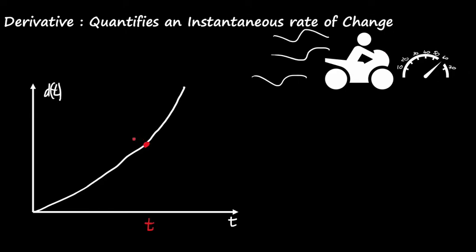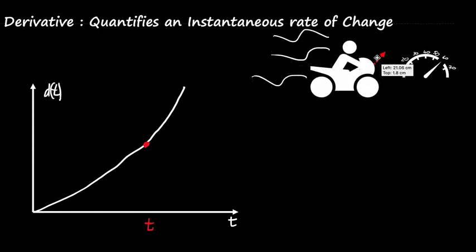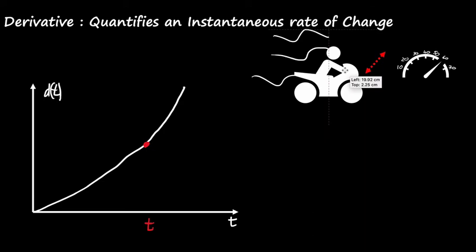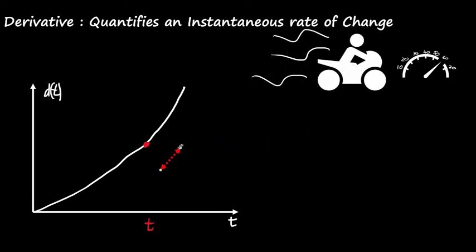And then the slope of this line here, that's going to be your 60 miles an hour. That is the rate of change.